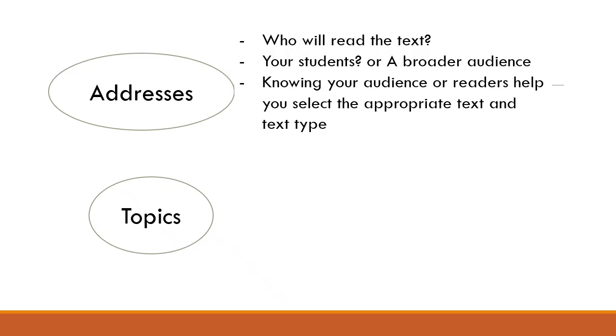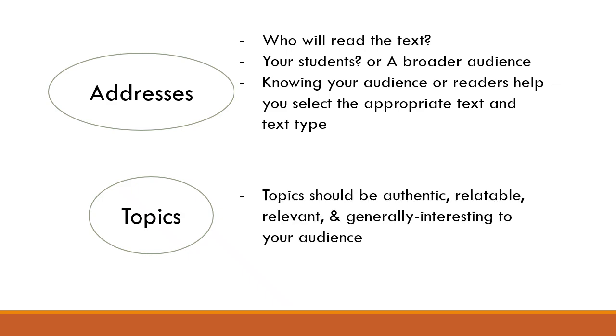And then we have the choice of topics. So once you know the type of text and who will be reading it, then you need to choose a suitable topic for the readers. So choose topics that are authentic, relatable, relevant, and generally interesting to your own students or a broader audience, depending on the purpose of your test.